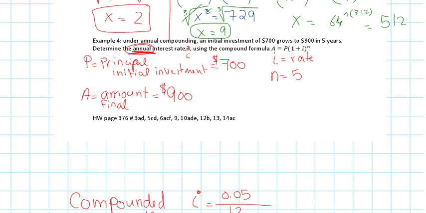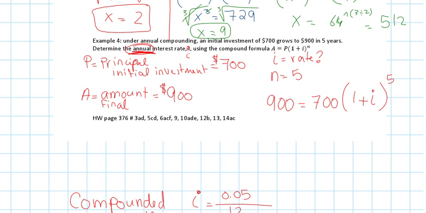So now I'm going to have to plug my information into the formula. I'm looking for the rate. A is 900, P is 700, 1 plus I to the power of 5.